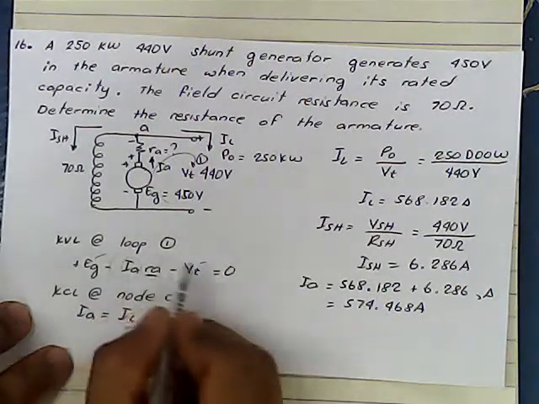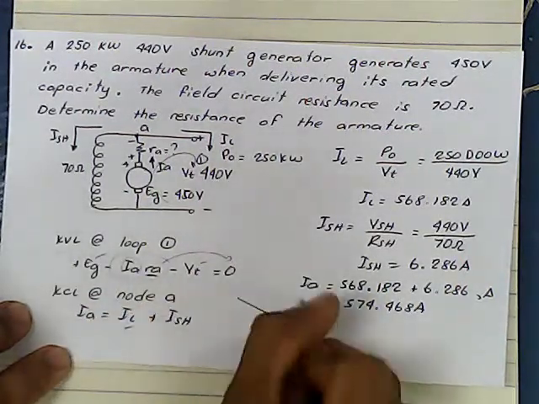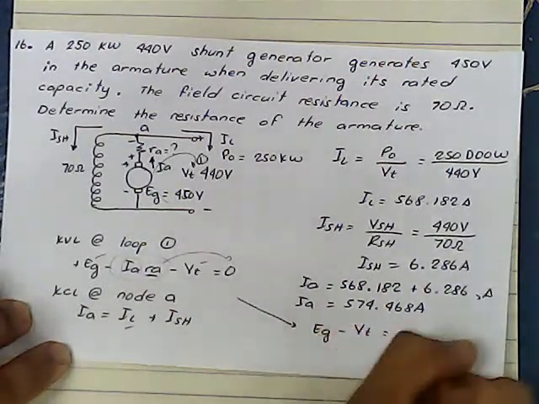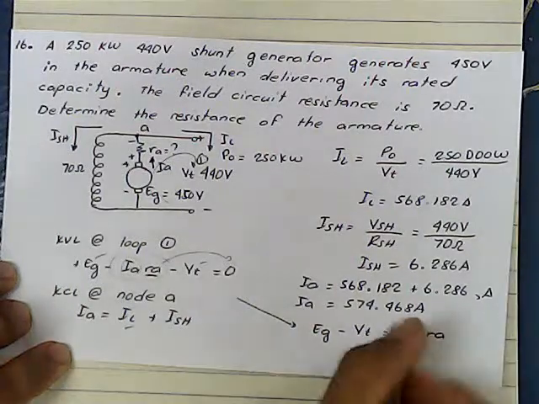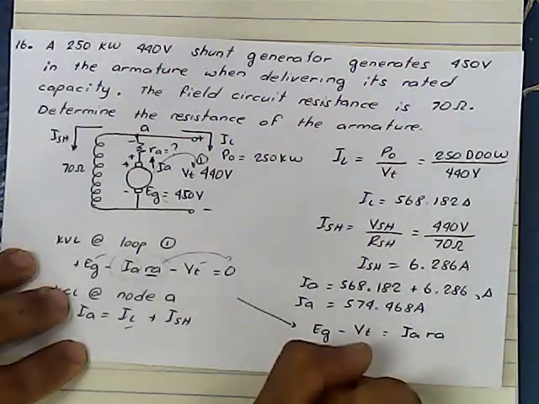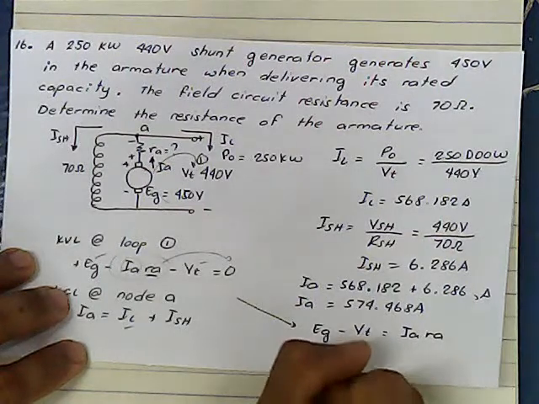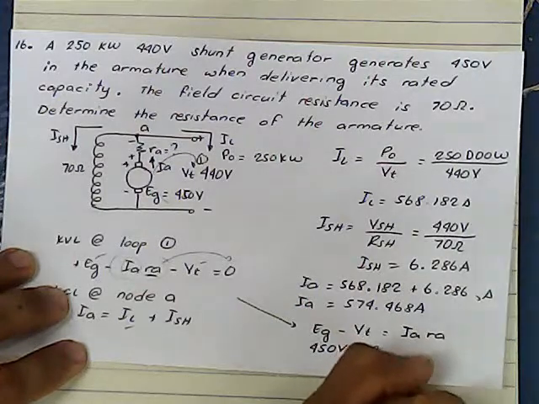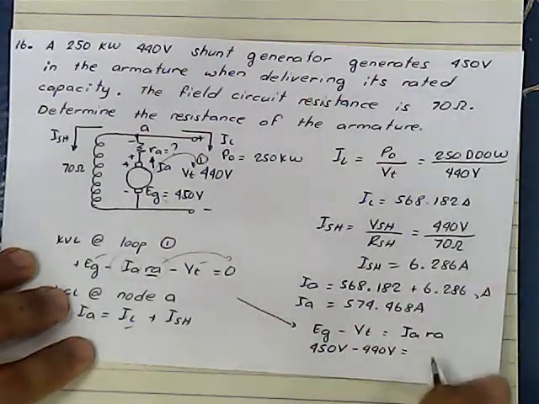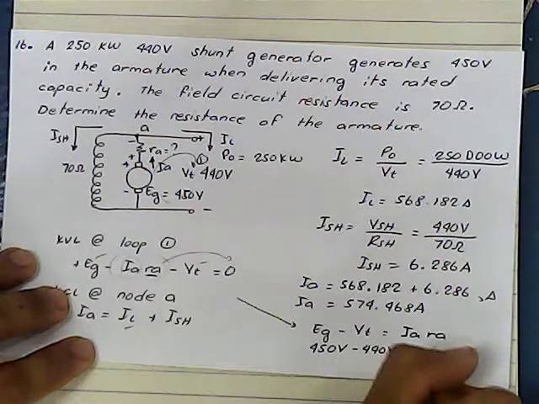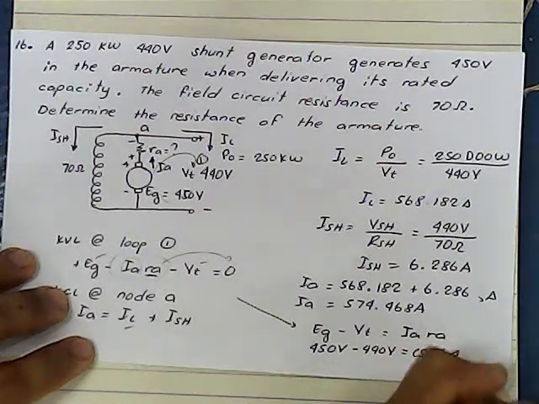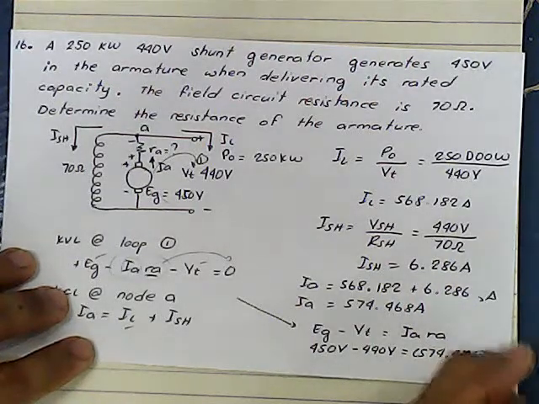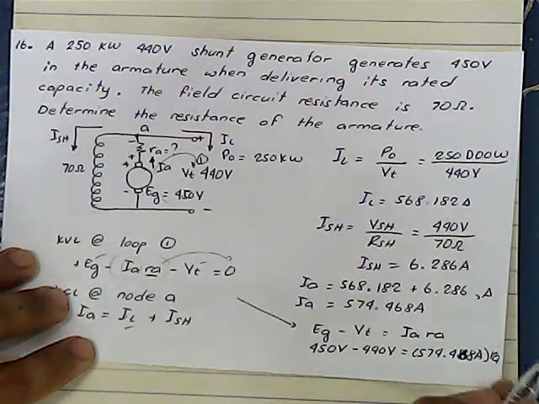Again, ito, transpose ulit natin sa kabila. We're going to have EG minus VT is equal to IARA. Okay, so EG natin, that is 450 volts minus 440 volts is equal to, okay, yung IA natin is 574.468 amperes. Multiply that by RA.